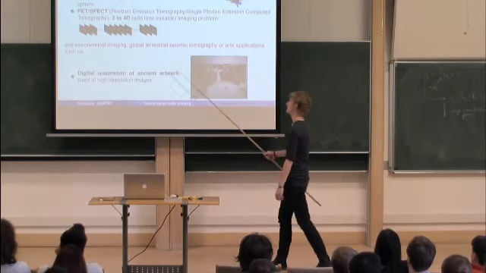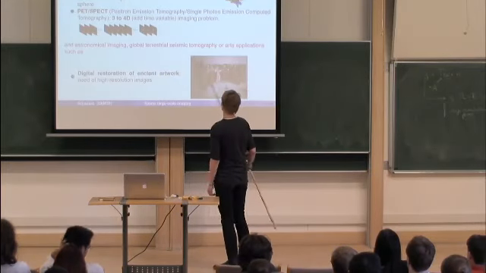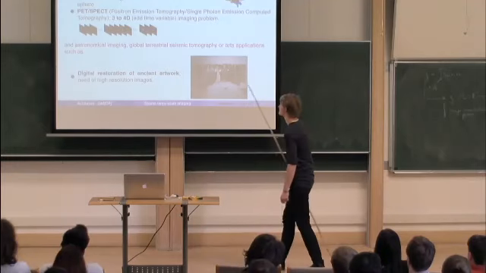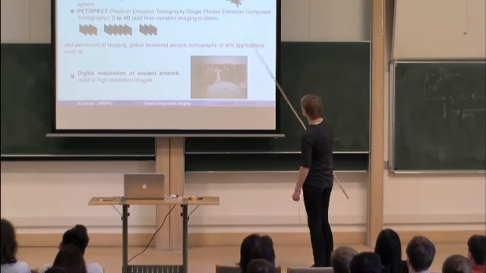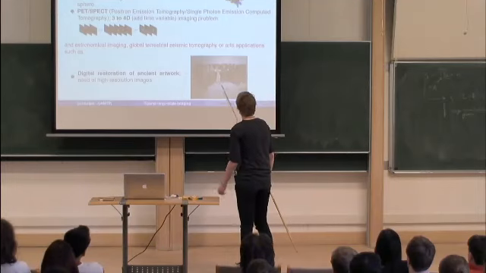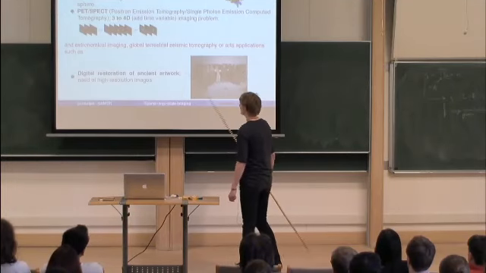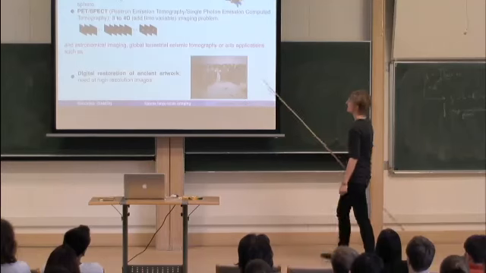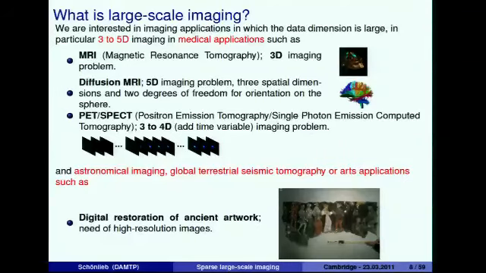And there are many other fields where you might come across huge data sets, like astronomical imaging, global terrestrial seismic tomography, or something that my heart lies in very much, arts applications, where you have digital images of a piece of art that is damaged in some sense.